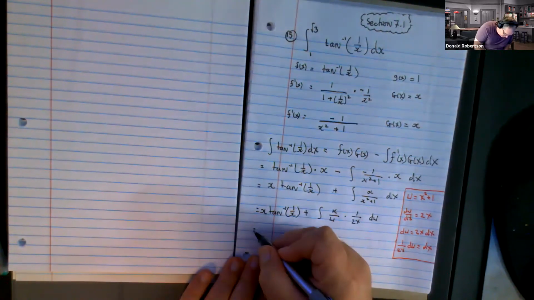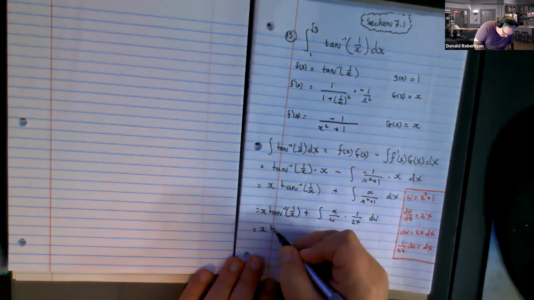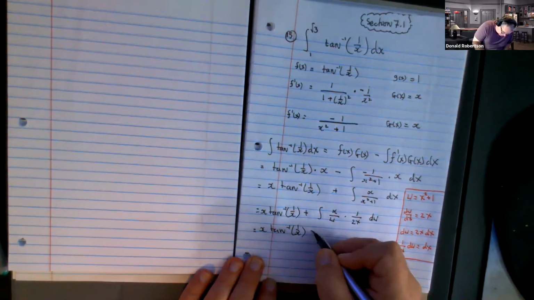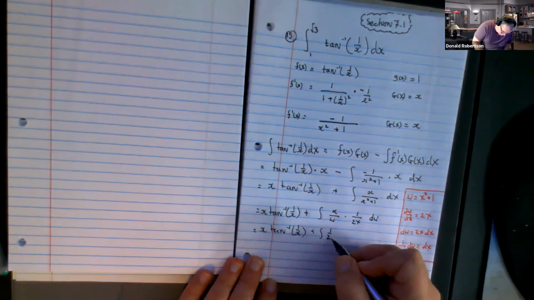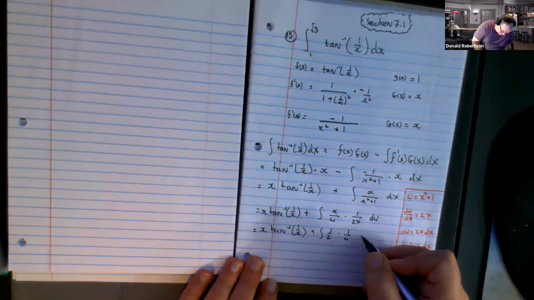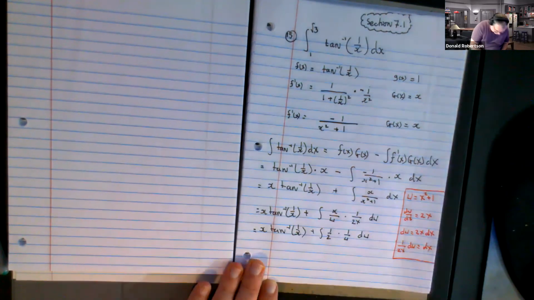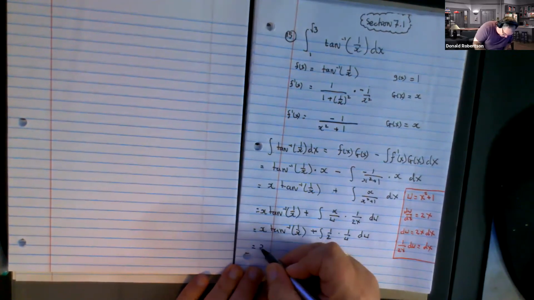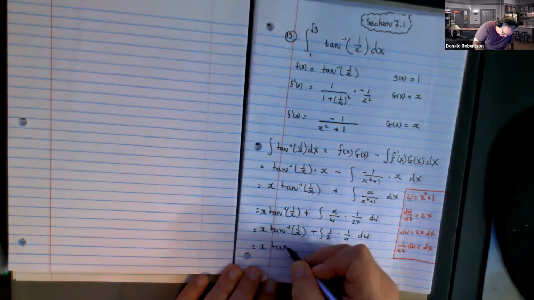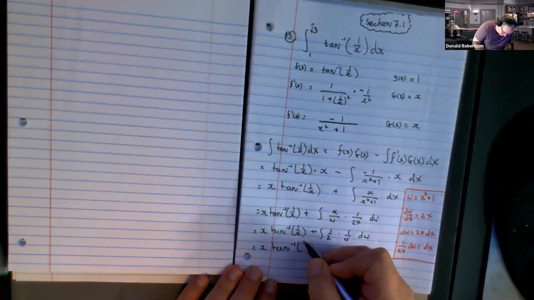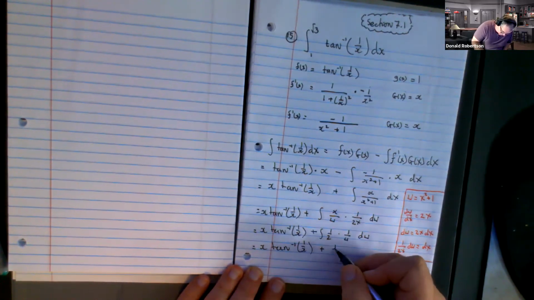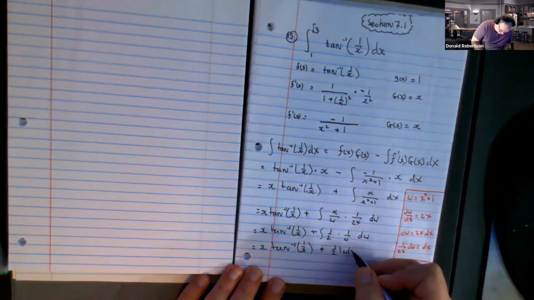And that simplifies down to 1/2 times 1 over u du. We'll now integrate. And if you integrate this, you get 1/2 the natural log of u.